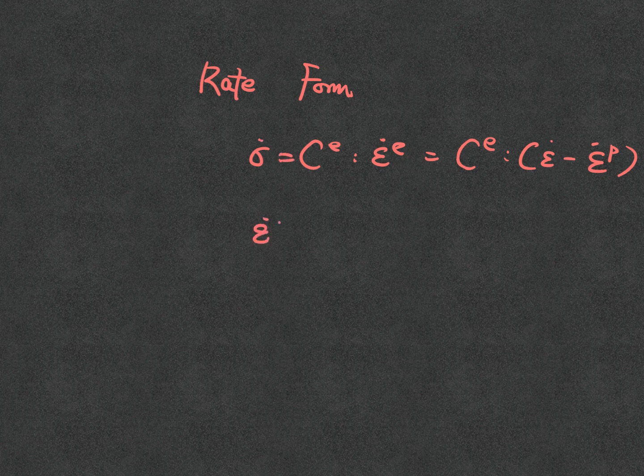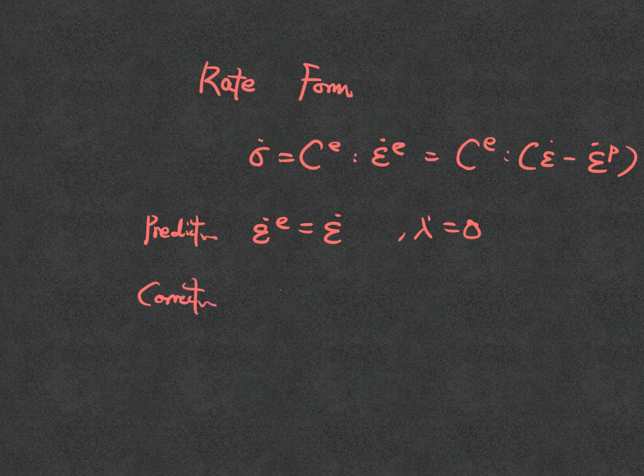And then epsilon^E, in the predictor case, I will have this. I will assume everything is elastic, and then in the corrector, I want to find out which portions of it are elastic and which parts are plastic.